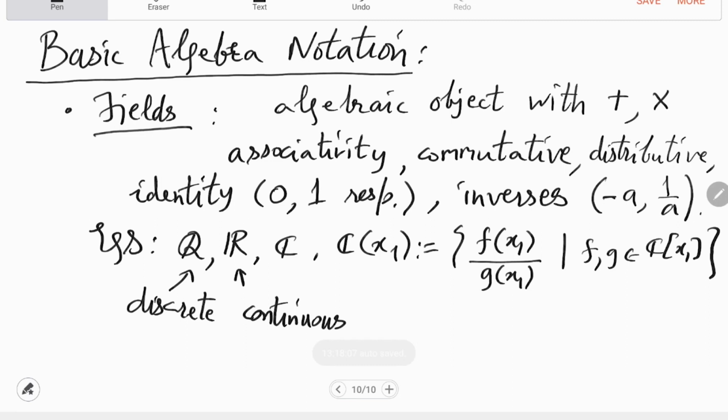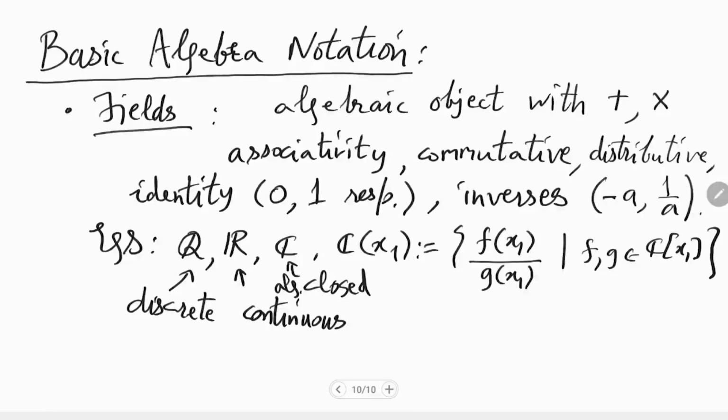Complex has all these things, and it also has some kind of closure. So what is this? It is algebraically closed. Yeah. So any univariate polynomial f over the complex numbers that you take will have a complex root. Right, this is a non-trivial theorem.